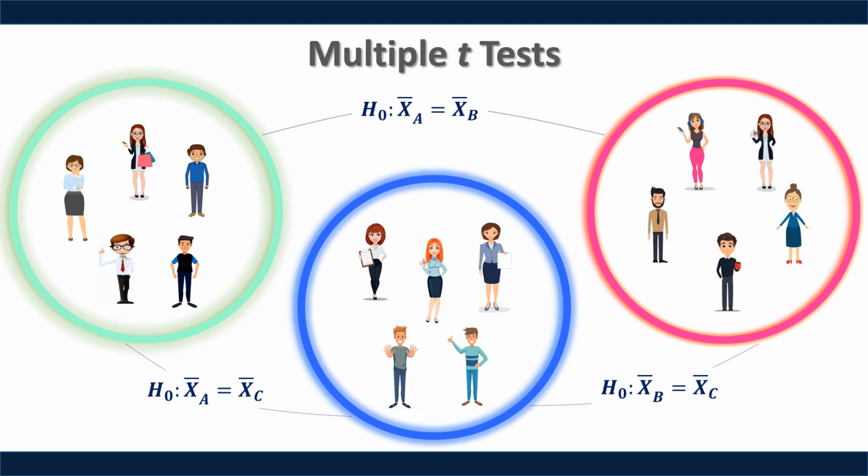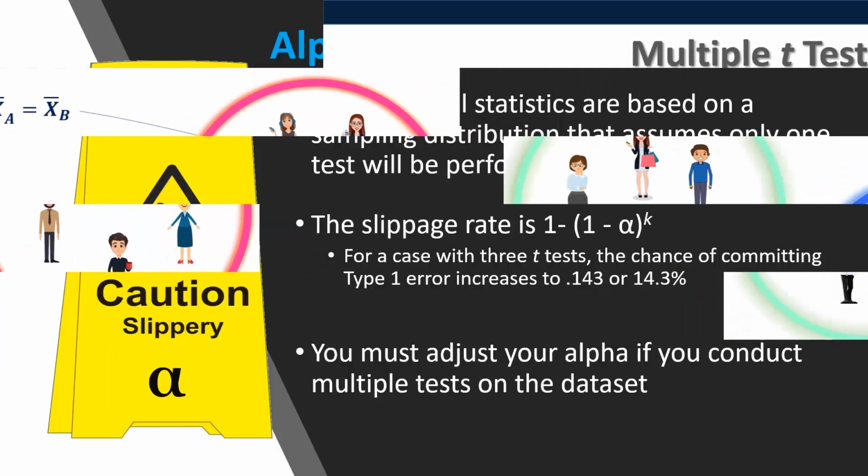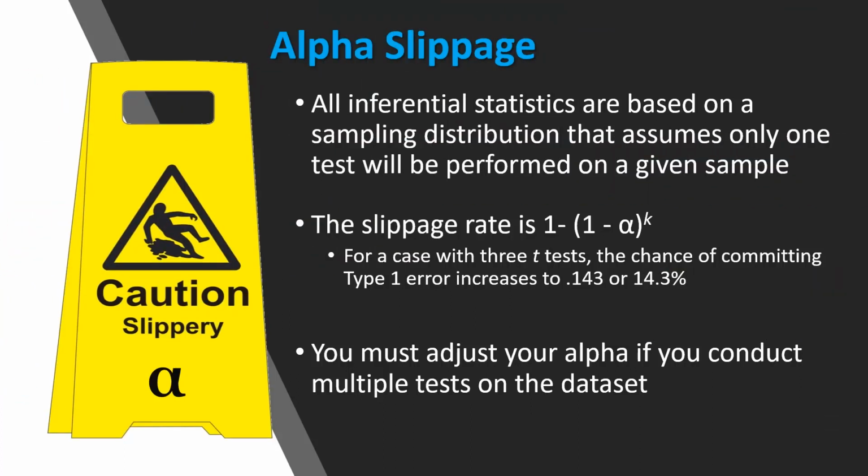If you remember, set alpha is the amount of risk we're willing to take in committing type 1 error when we're running any null hypothesis test. We generally make the assumption that when we compute an inferential statistic, only one test will be performed on a given sample. To be honest, this is a statistical assumption, but it's really never followed.